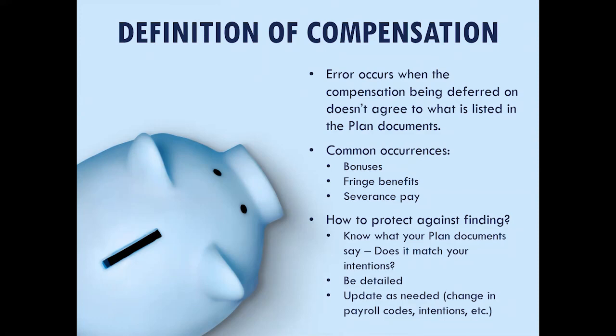So it's important to understand what those are, and in practice, that you're properly applying that definition of compensation. As an example, we have seen numerous times where a special payroll is issued for bonus compensation and the plan sponsor does not withhold any 401k deferrals on that pay, but the plan's definition says that this is eligible compensation.